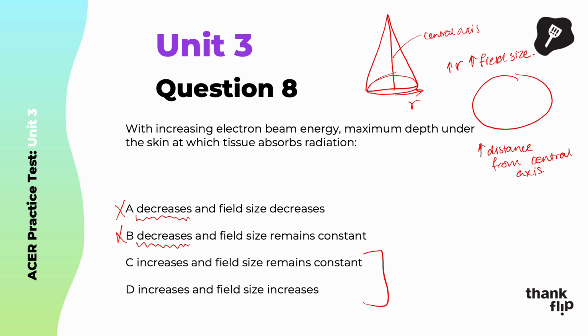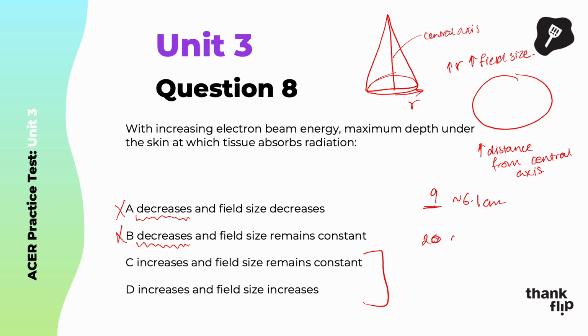And so we can see that when we look at the two graphs, one for 9 and one for 20, the distance from the central axis of the edge of the field, which we know is 10% because we remember that dot point says assume the edge of the field occurs when PDD equals 10%. At 10% with the 9 MeV electron beam, it's at around, let's say, 6.1 centimeters.